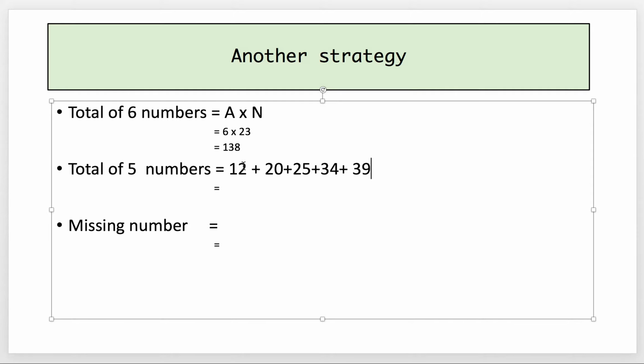So we're going to work this out, and when we work these out together, it's going to give us a total of 130.